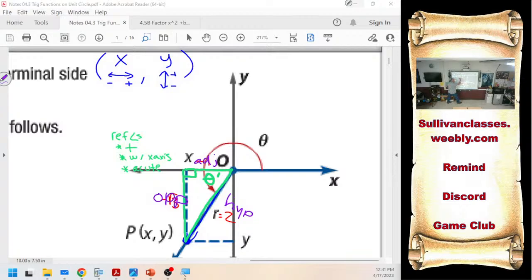I went this way. Left and right is your x. Left and right is always going to be adjacent. I went this far down. Up and down is always opposite. If I always form it with that axis, opposite will always be the y part of the coordinate.